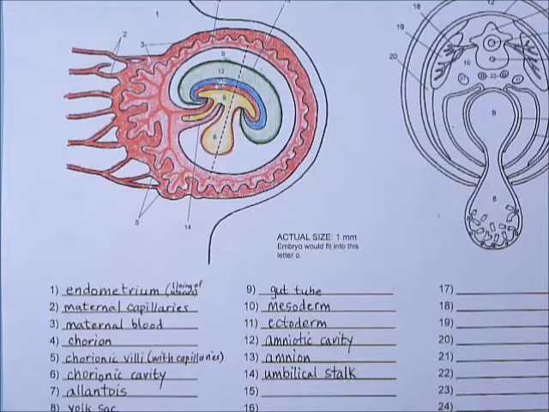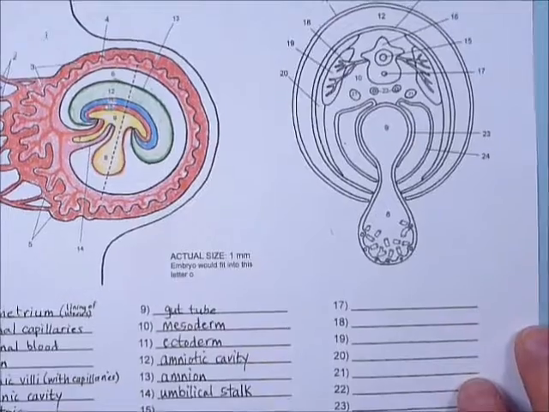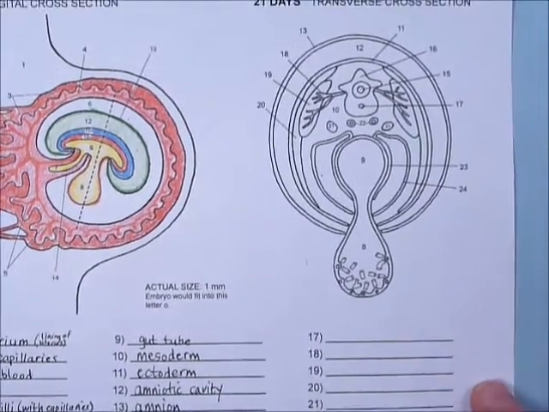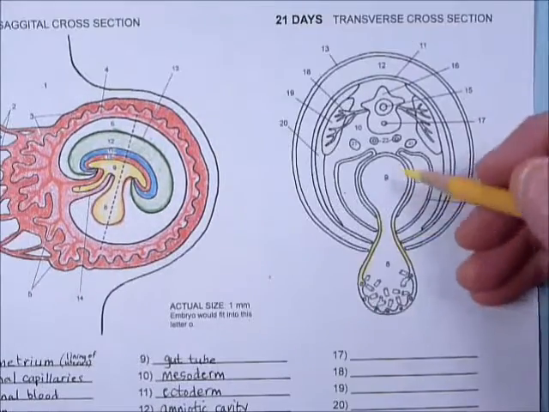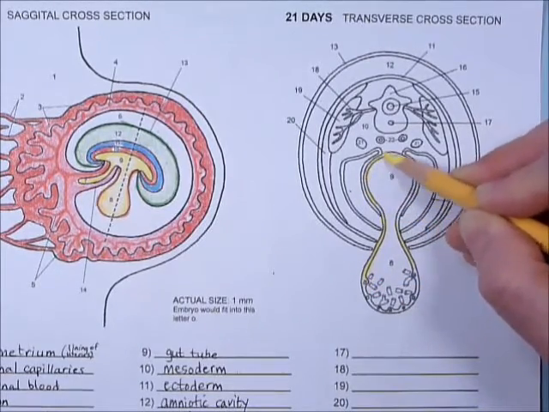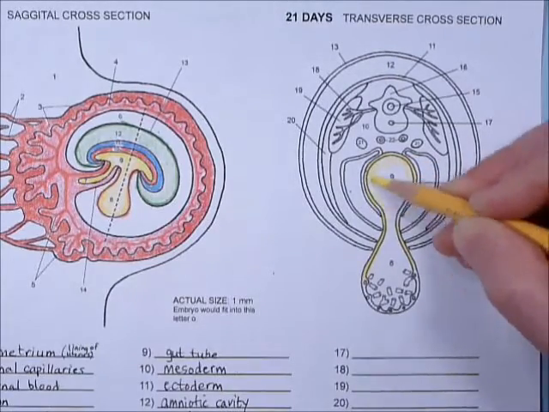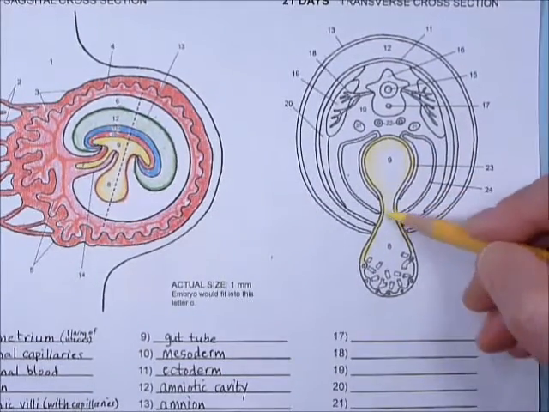Okay, so that's all our parts for that drawing. And we want to keep our colors consistent over here. So we go over here, kind of use the same color scheme. Okay, so let's color our transverse section. Gut tube yellow. I'm going to color it just a little bit inside, like that.